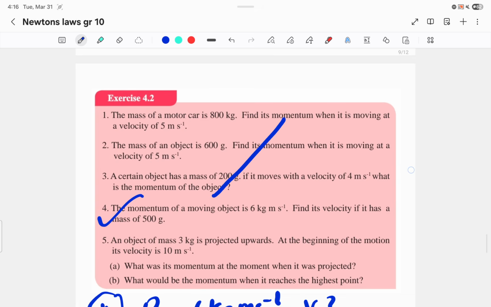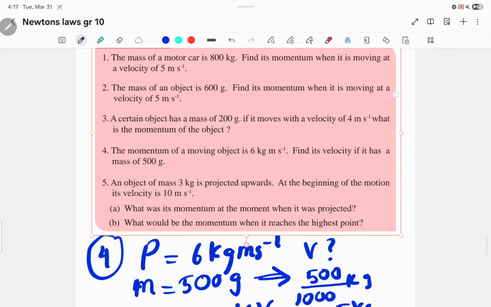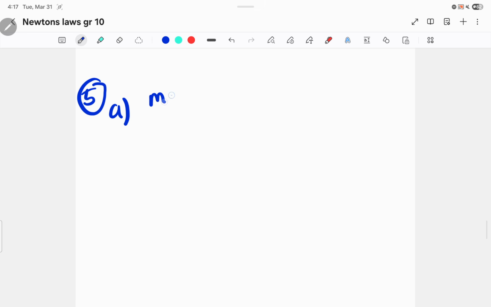The fifth one, the object mass is 3 kg projected upward. At the beginning of the motion, its velocity is 10. What was its momentum at the moment when it was projected? Asking when it was projected, right? So the fifth one, A, when it is projecting upward, what is the mass? 3 kg, right? 3 kg mass.